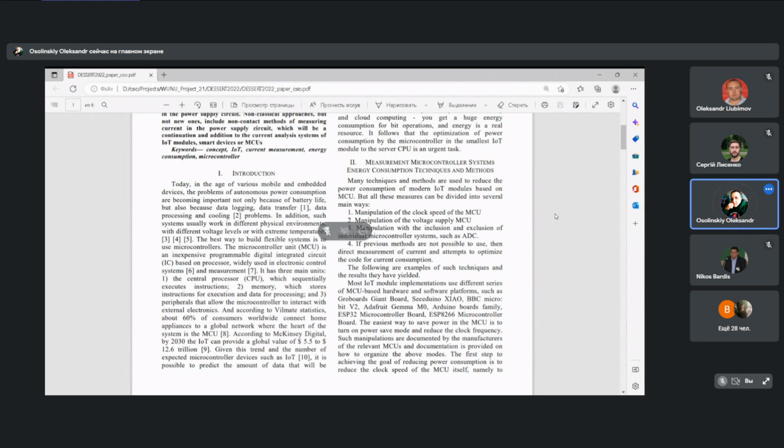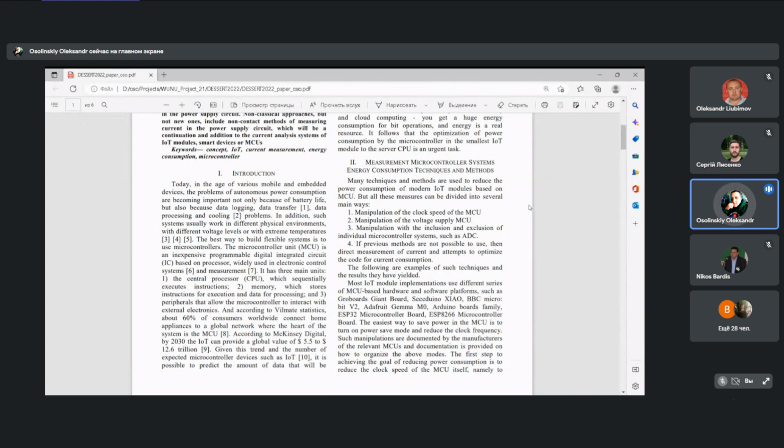It can be power consumption of, for example, data logging or data transferring, because many of these operations are executed by microcontrollers, and analyzing and selecting the methods for energy consumption measurement for this task is an urgent task.